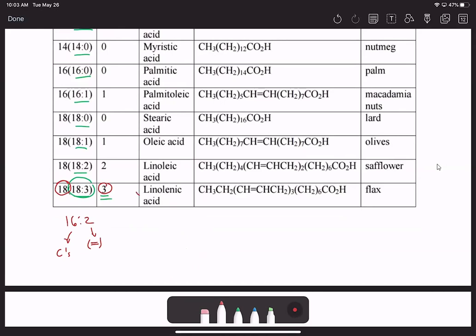This linolenic acid here, I'm just going to flip this around. All right, so I've just written it in reverse.